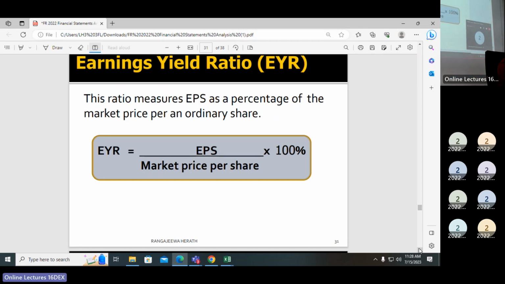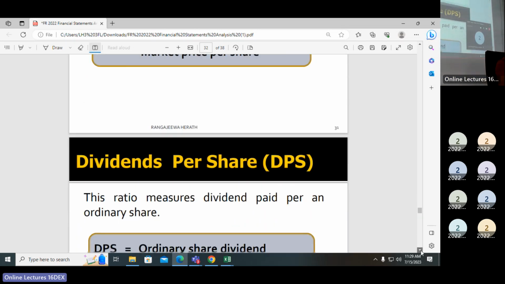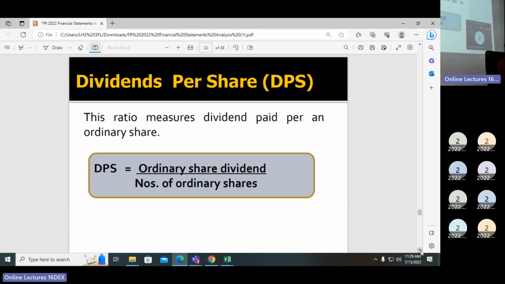How much return is actually received? Earnings, yes, ultimately belong to the shareholder, but you are not getting it annually, right? Part of the profit will be distributed as dividend. So you can have the next ratio, dividend per share, where you take the ordinary share dividend divided by number of ordinary shares, right? Ordinary share dividend, dividend per share.